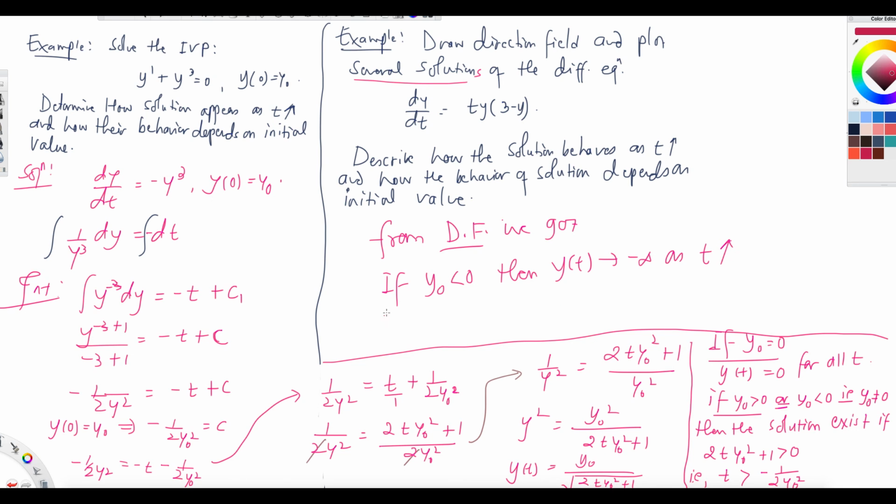If y0 equals 0, then y of t will be 0 as t increases. And if y0 is greater than 0, then y of t goes to 3 as t increases. This is what we found from the direction field. Okay, so this is the end of section 2.4 from the book.